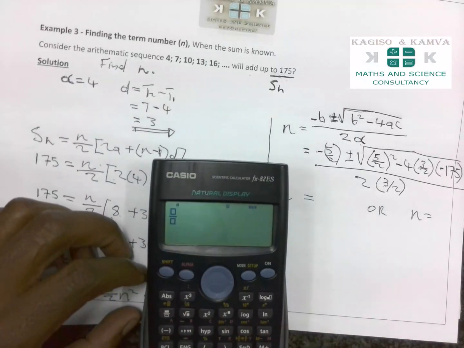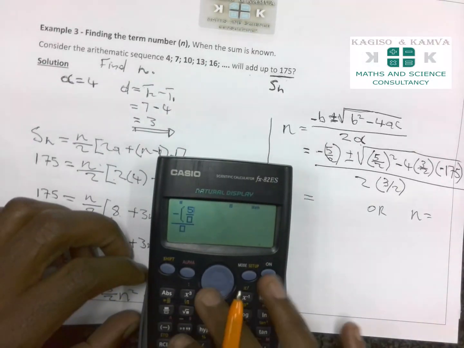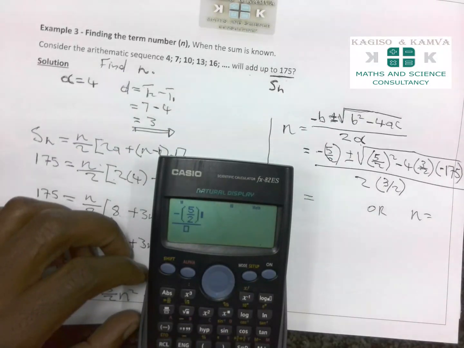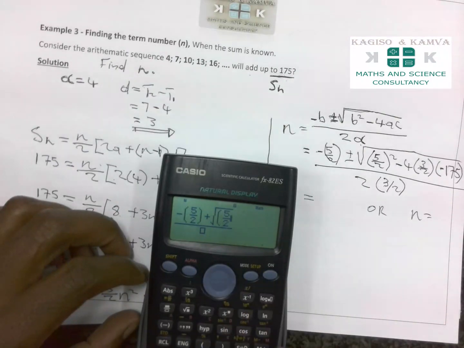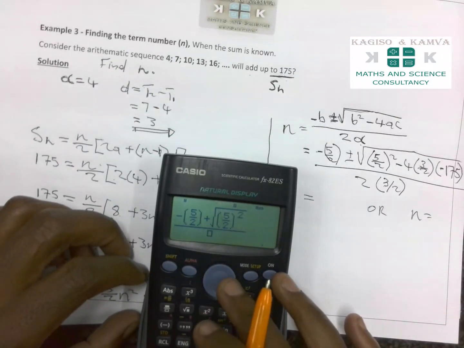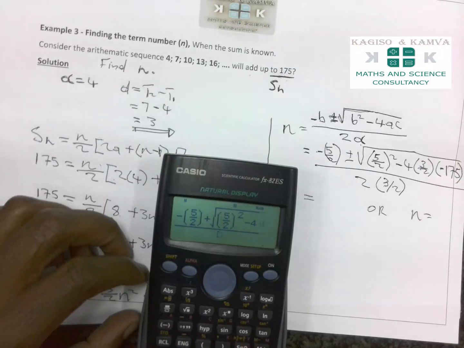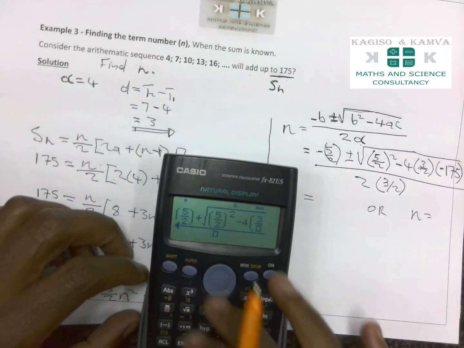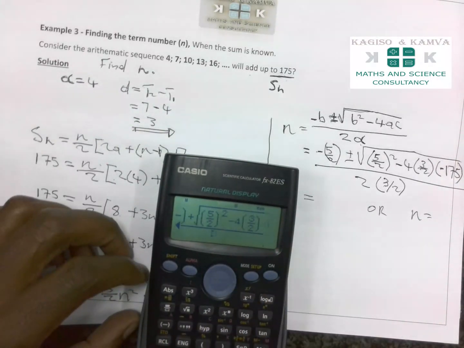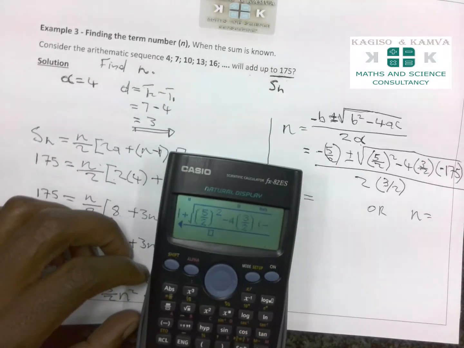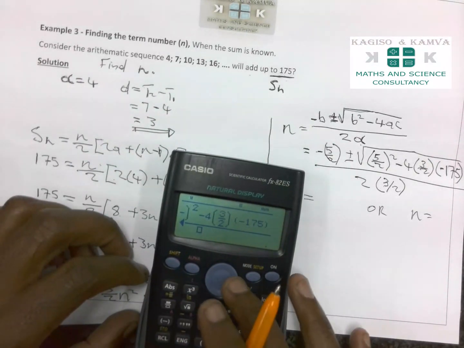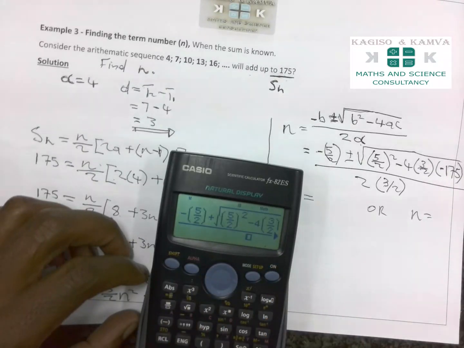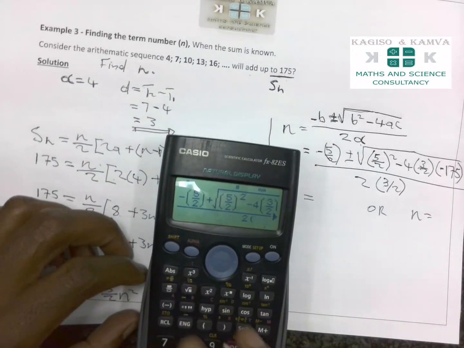That will be negative 5 over 2 plus the square root of 5 over 2 squared minus 4 times 3 over 2 times negative 175, all over 2a.